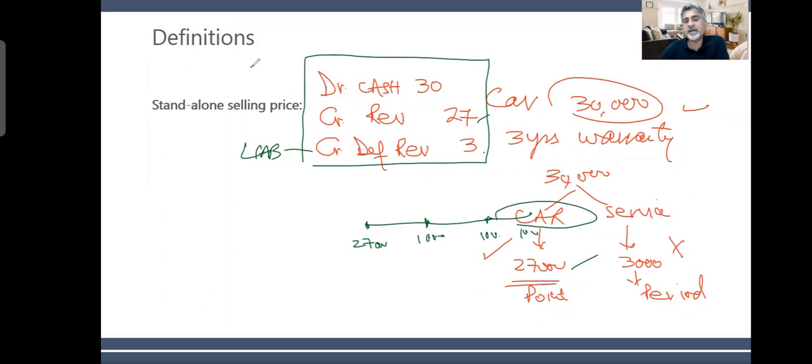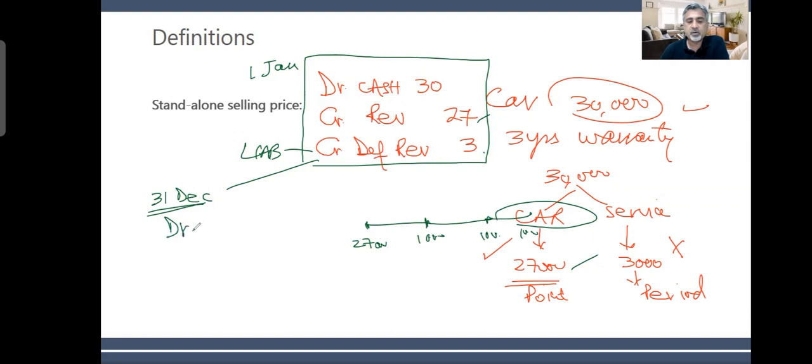So let's suppose that it happened on 1st of January, and I sold the car and booked 27 only in revenue, and I booked $3,000 in my deferred revenue, which is a liability. Then on 31st of December, when 1 year finishes, I already have provided 1 year of service, and the customer has consumed 1 year of service, so some portion of that revenue I can recognize.